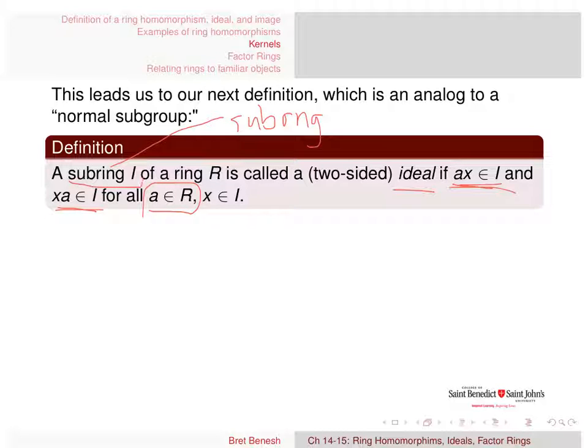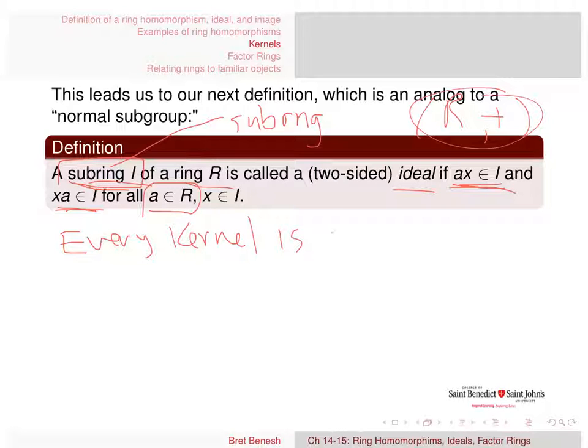So this basically means it's a normal subgroup because a subring or subrng of a ring is going to be a subgroup of R under addition, and because this is abelian, every subgroup is normal. So we get a normal subgroup plus this absorption effect. And so the reason why we're defining it this way is that every kernel of a ring homomorphism is an ideal. It's a two-sided ideal.